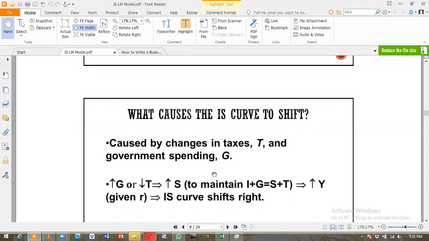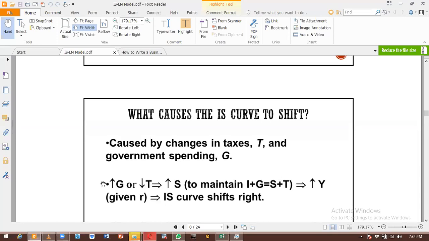When there's a change in G, the IS curve will shift, and when there's a change in T, the IS curve will shift. Assuming there's an increase in government spending, its effect is the same as a decrease in tax.